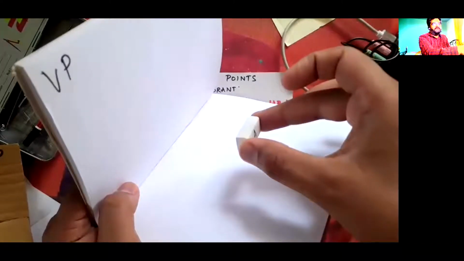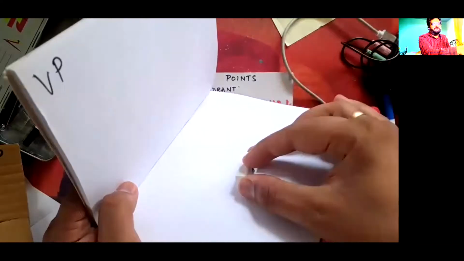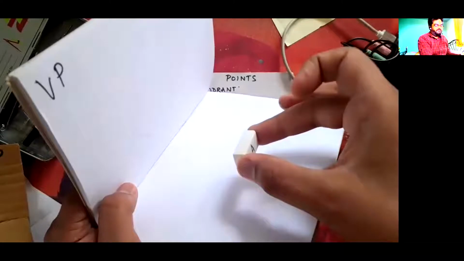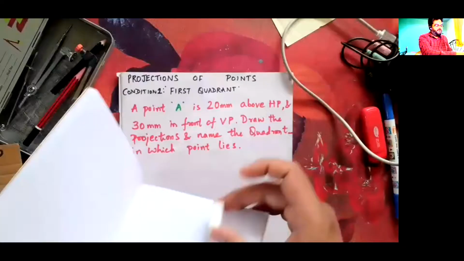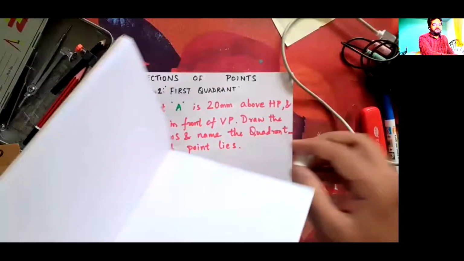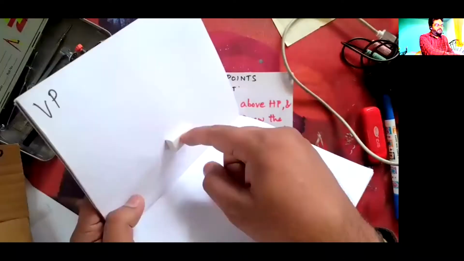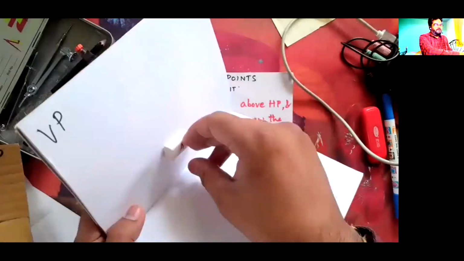A point is just 20 mm above HP. And then 30 mm in front of VP. It can be on the vertical plane also, like this, but it is not in the vertical plane. It is 30 mm in front of VP. See, 10, 20.